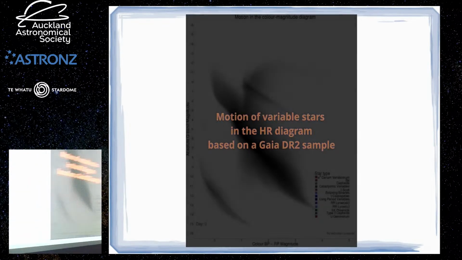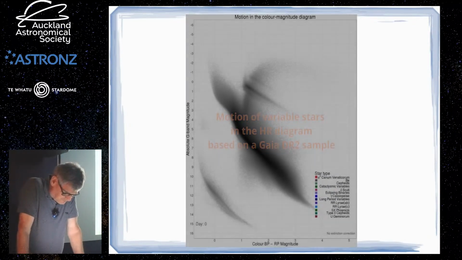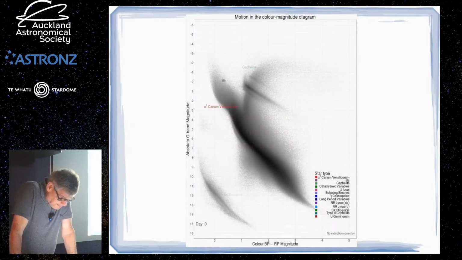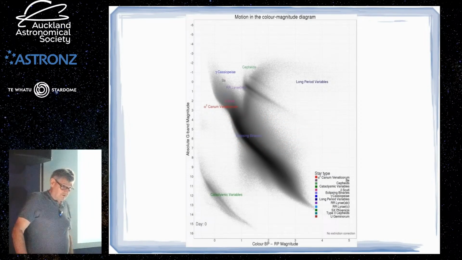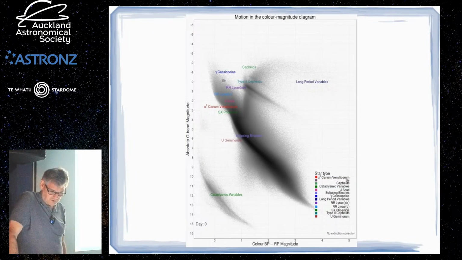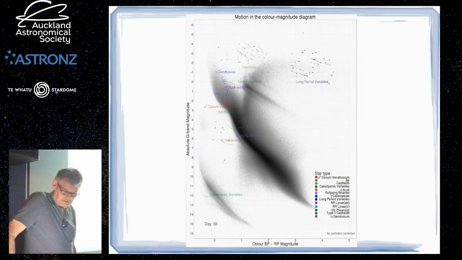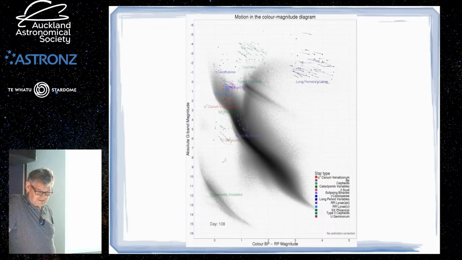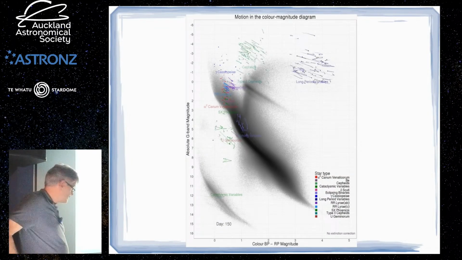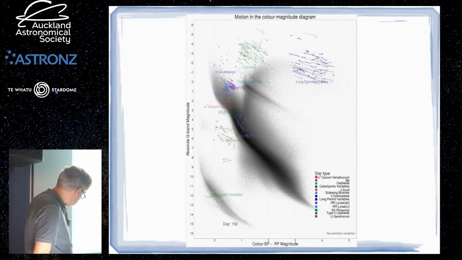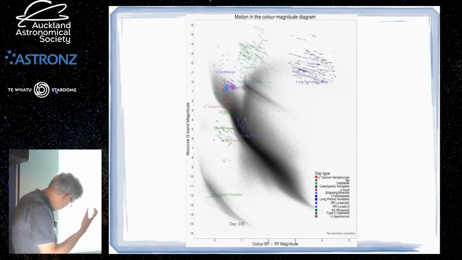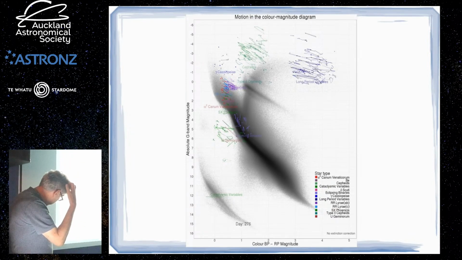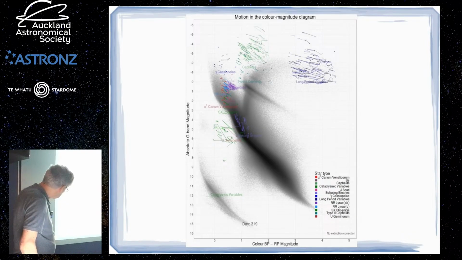Okay, now hopefully this will work. This is what somebody else did with the Gaia data. So, has everyone heard of a Hertzsprung-Russell diagram? What it is, is measuring the brightness of a star versus its temperature. Now we can't do that directly with the absolute magnitude, so they use what they call a colour magnitude diagram instead.